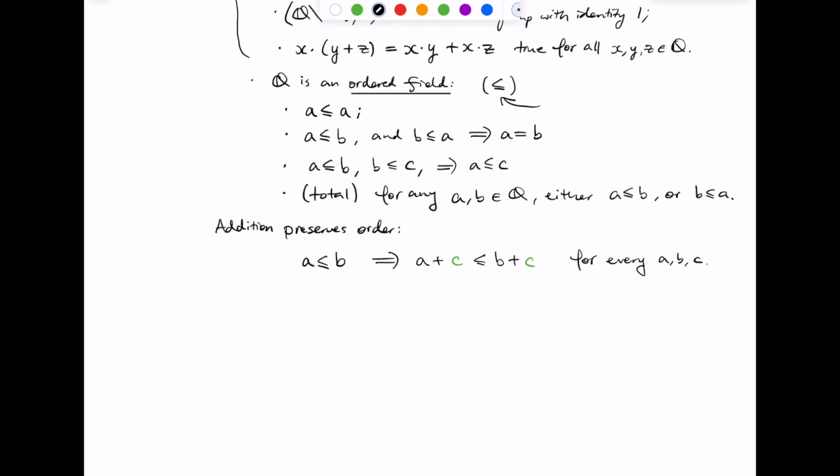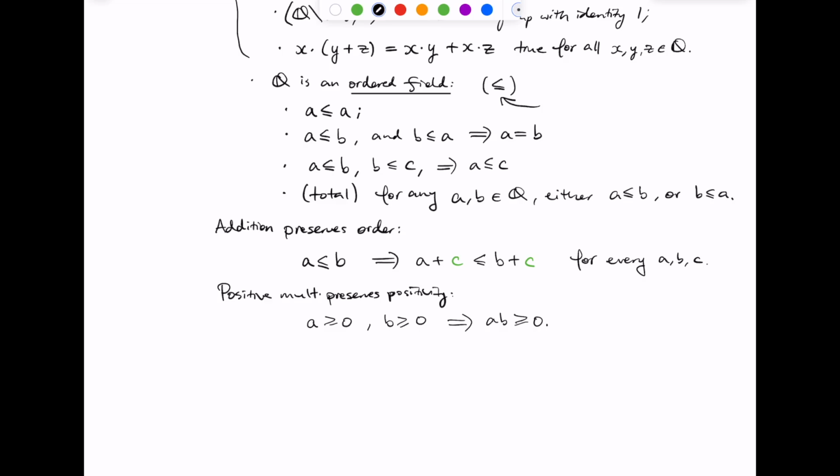So now what about multiplication? Multiplication is a little bit more tricky because you can multiply by positive or negative numbers. So it turns out that positive multiplication preserves positivity, in the sense that if A is bigger than or equal to 0 and B is also bigger than or equal to 0, then AB, the product, is bigger than or equal to 0.